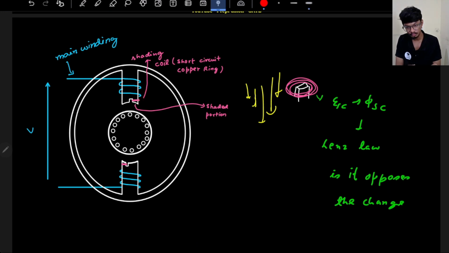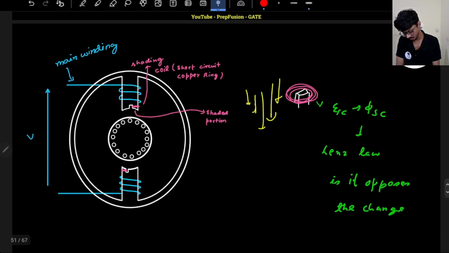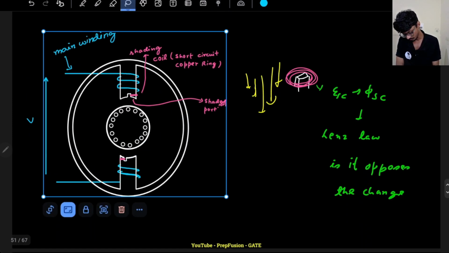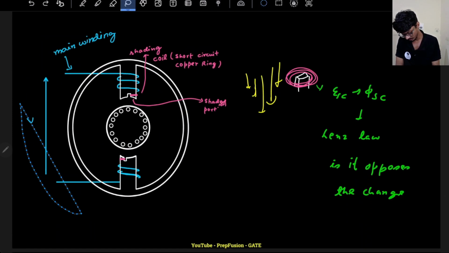So basically flux will not be uniform anymore. Previously flux was totally uniform. So if I draw without shading, flux will be totally uniform. I hope you will be able to understand it.